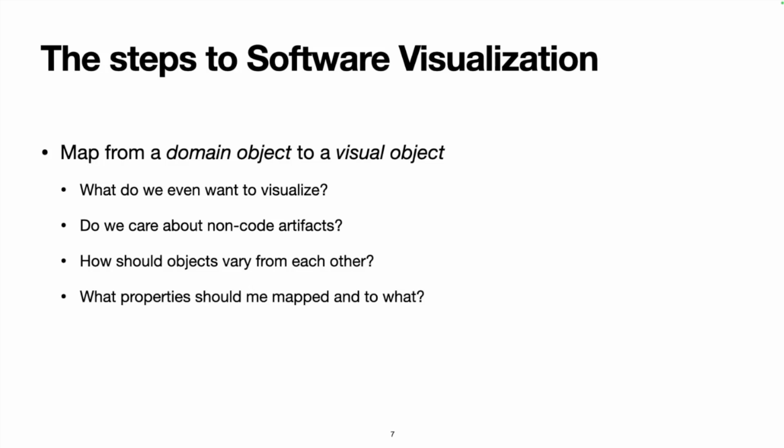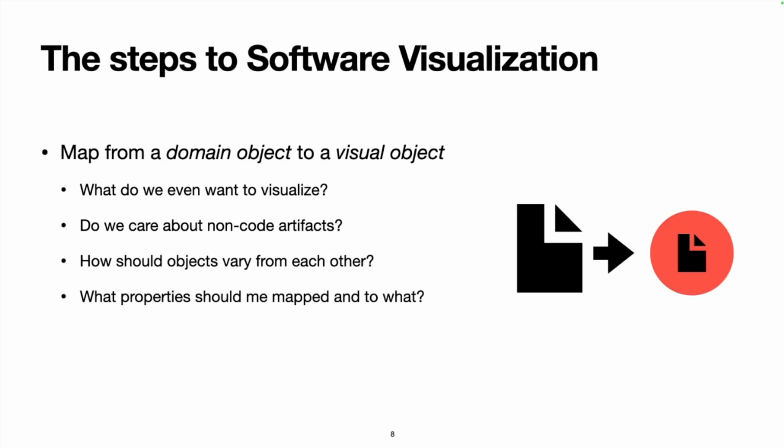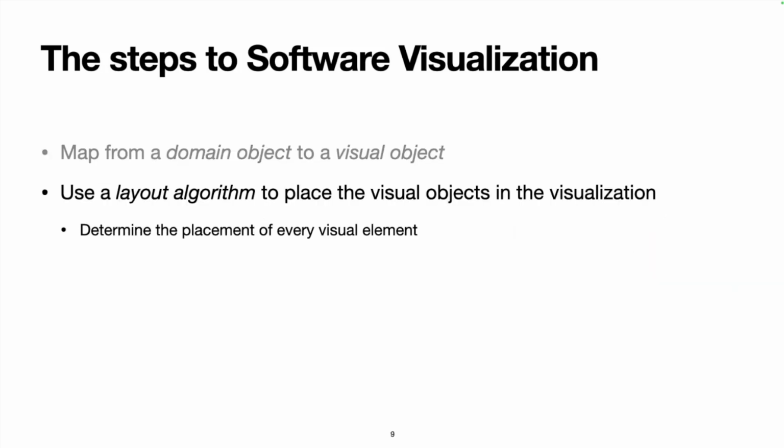How do we represent those as visual elements? We can just start with a very simple idea, which is we take a disk and we can then map properties of that file onto the disk. For example, the radius is the size of the file and the color is the type, and so on.